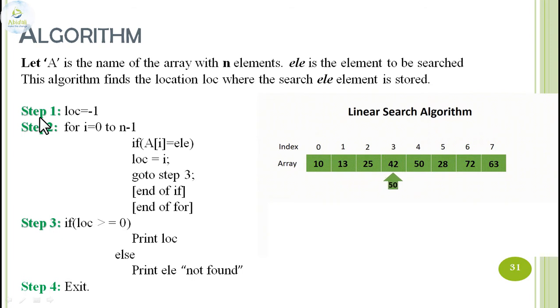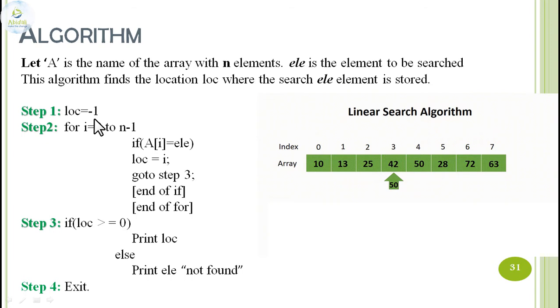Because the location that we are going to search can be from 0 to n minus 1, since the element can exist at place 0, at place 1, or any place till n minus 1, that is, the indexes. So we take a value to the left of the index range, that is minus 1, because there is no index called minus 1.